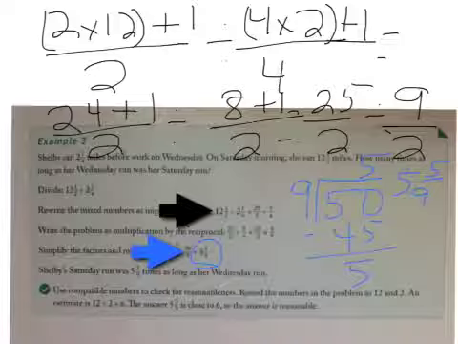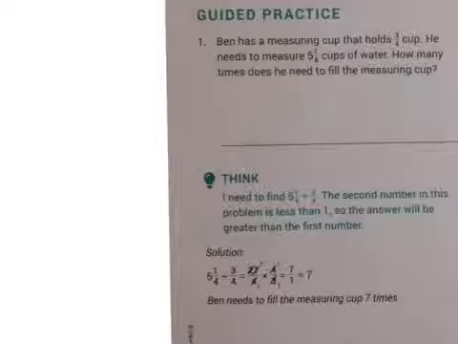Okay, so let's go to our guided practice. Guided practice number 1 says Ben has a measuring cup that holds 3/4 of a cup. He needs to measure 5 1/4 cups of water. How many times does he need to refill the measuring cup?